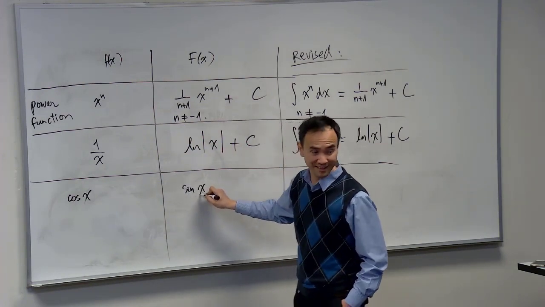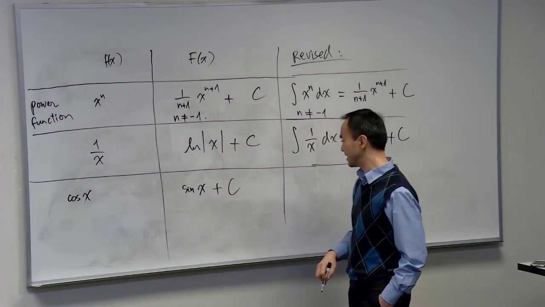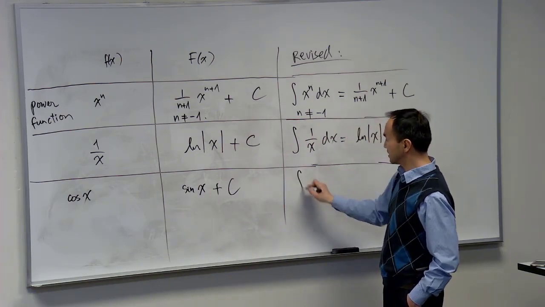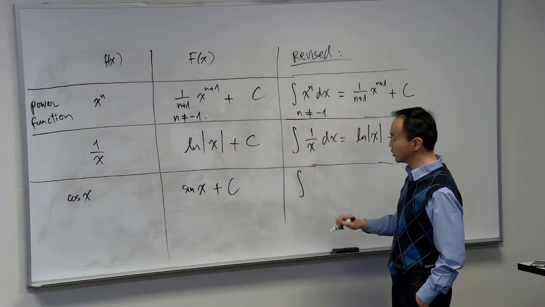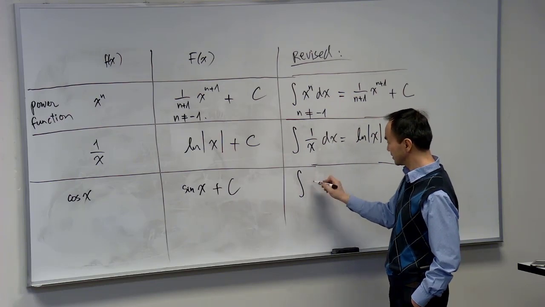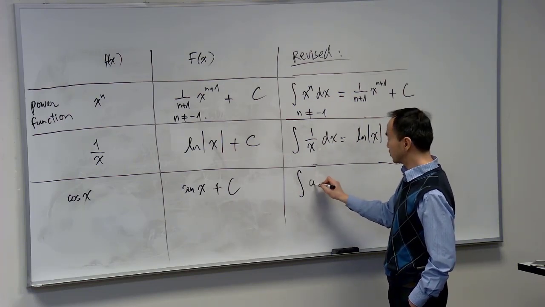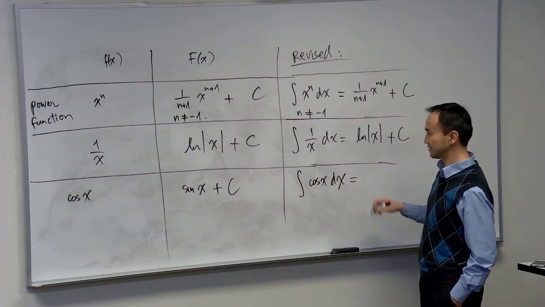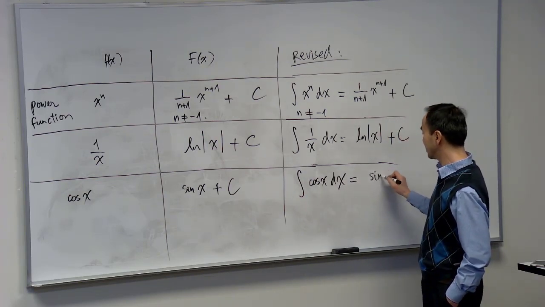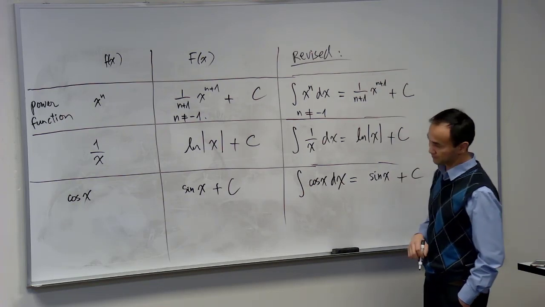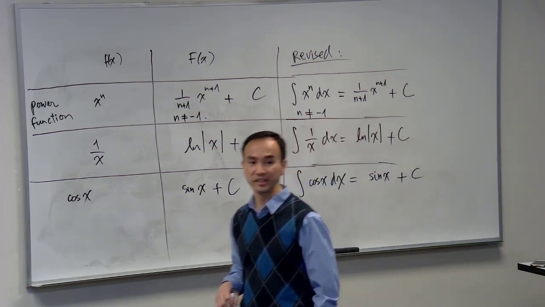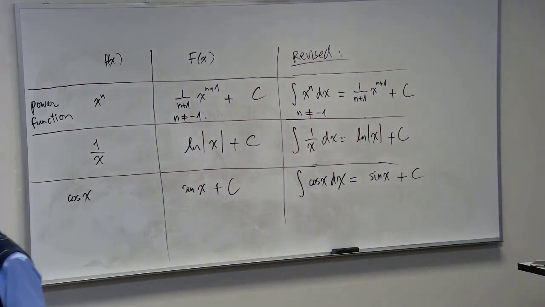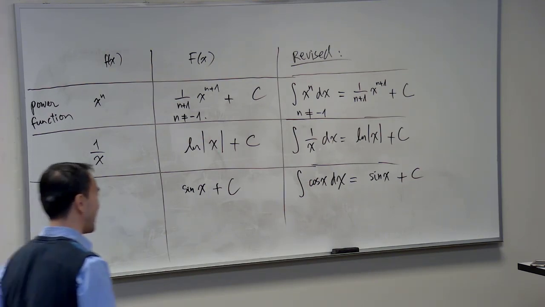And of course, don't forget plus c. In the short version with the new notation I introduced, the antiderivative of cosine of x with respect to x gives me the answer sine of x plus c. Sounds good. And you see all these things printed all over your books and put in boxes. Again, what do we have for the other ones?